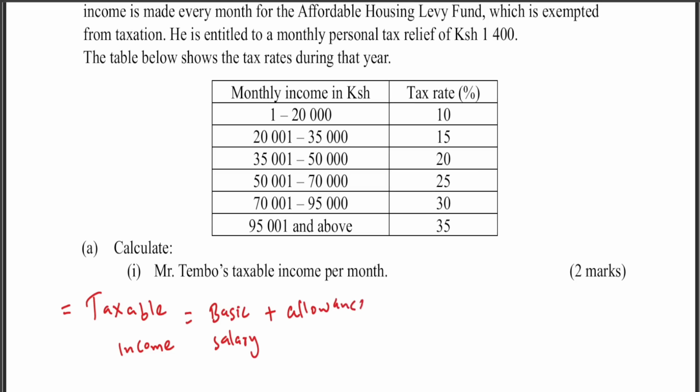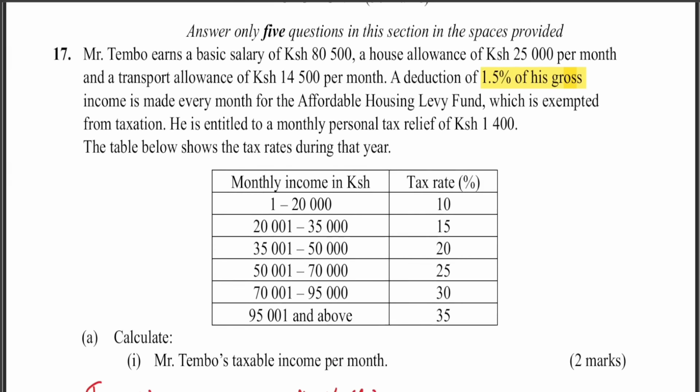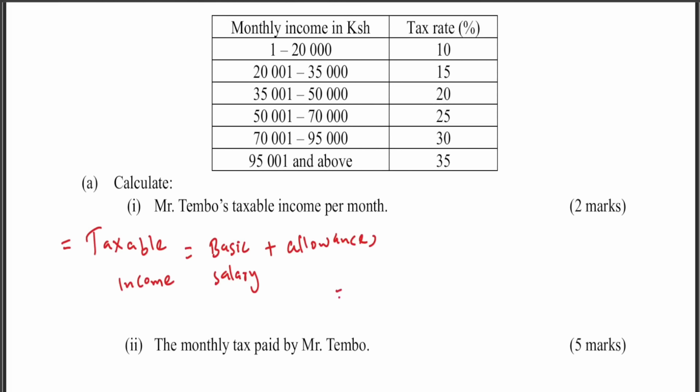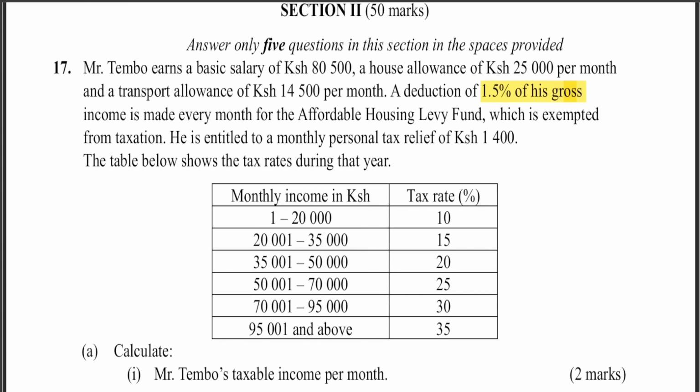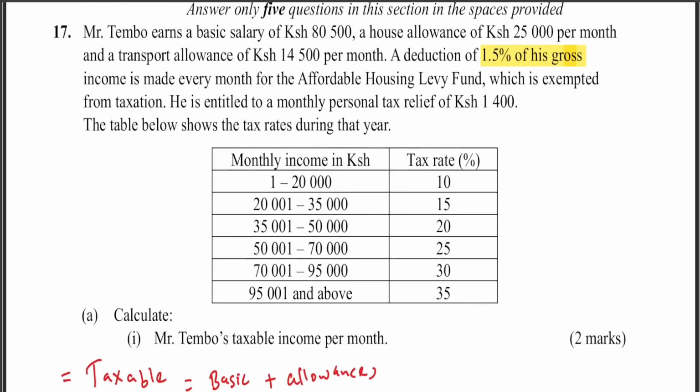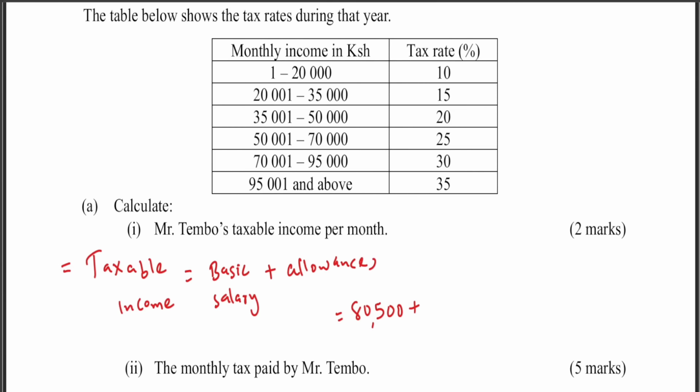We know that the basic salary is 80,500. The allowances are the house allowance and the transport allowance, which are 25,000 and 14,500.